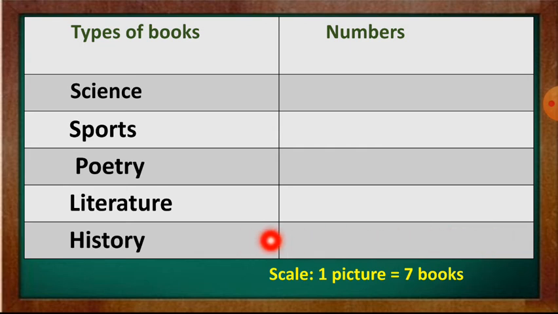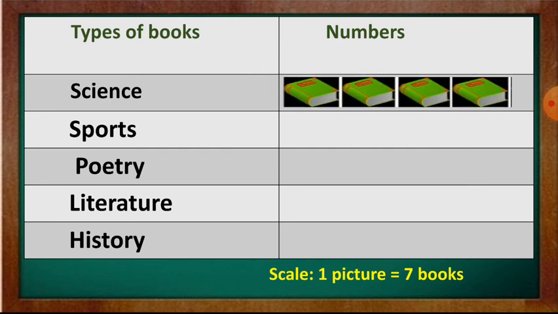Okay students. Now here for science, how many books were there? 28. Now 28 comes at what time in the 7 table? 4 times. 7 4s are 28. So we will draw here 4 books. Why 4 books? Because 1 book is equal to 7 books. So here 7 4s are 28. So we will draw 4 books here. Then sports, how many books were there? 14.